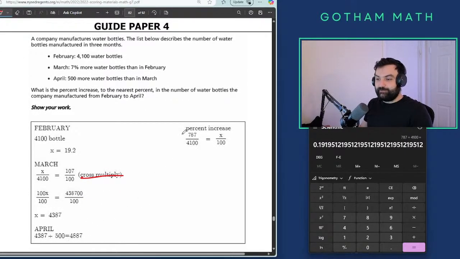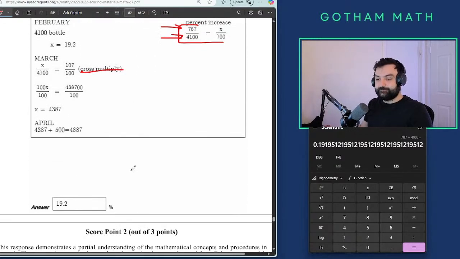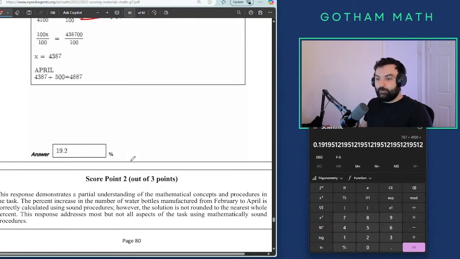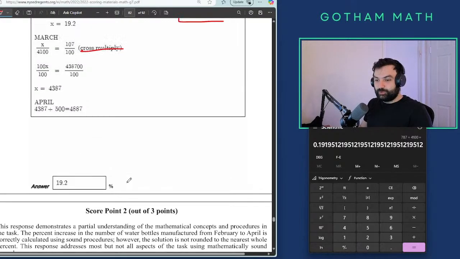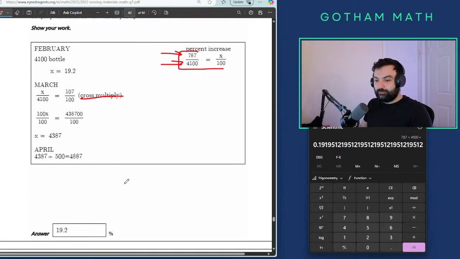April, yes, that's exactly what I did, right? The increase of the bottles divided by the original number. Very good. What? 2. Oh. Say what?